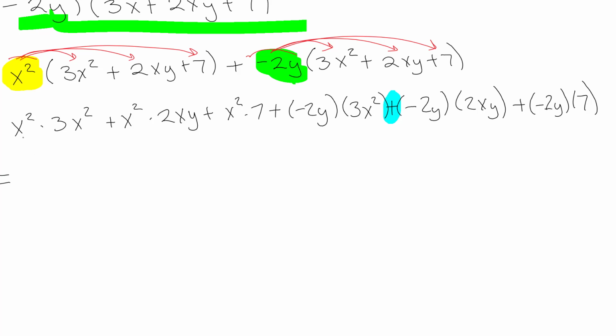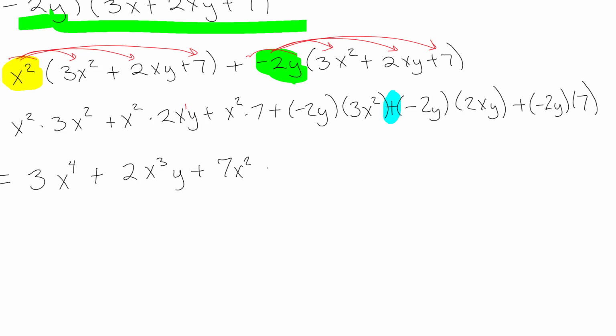All right. So we have x squared times 3x squared. So we have x squared times x squared. That's x to the 2 plus 2, so that's x to the 4th. Then we have 2x squared times x to the 1st. So that's 2 plus 1, x cubed, and then a y. And then 7x squared.